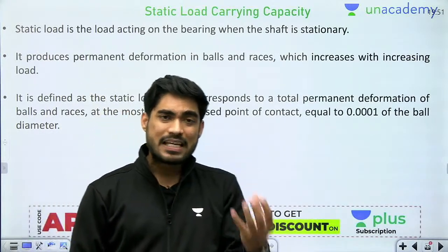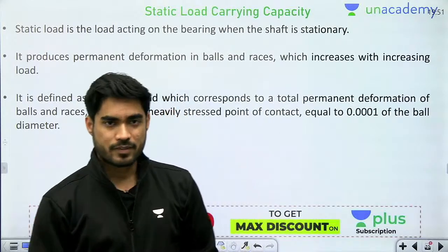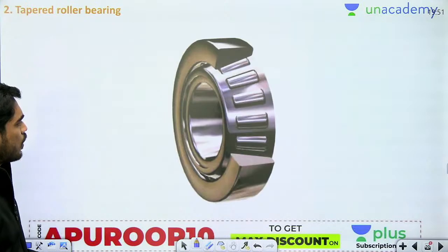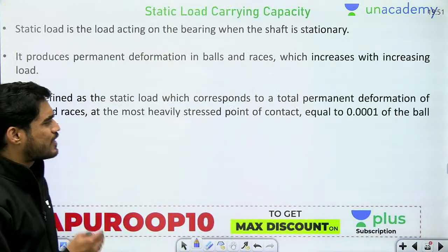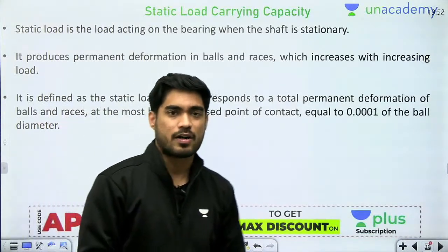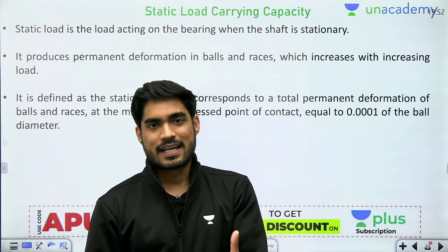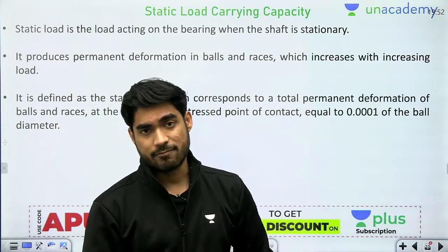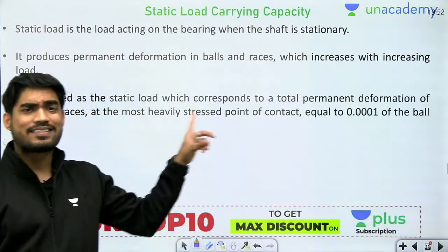Because these bearings are supporting the load on a very small area. जो bearing है वो load को बहुत छोटे area में support कर रहा है. Why? Because there is point contact, there is line contact. So the contact area is very less, and if the contact area is very less, then the deformation will be very high. So beta, that's why the criterion of failure here is deformation.